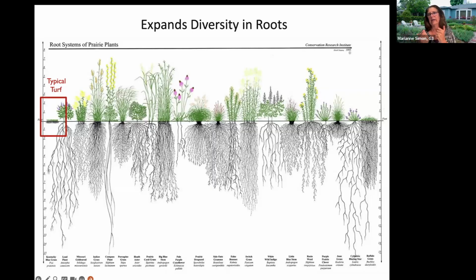And you dig down maybe, I don't know, 6, 8 inches. These are the roots of other prairie plants that go down 12, 13, 14 feet. This is what is possible in our landscapes. This is what we want to encourage, and the way we get there is with these watershed-wise landscapes.